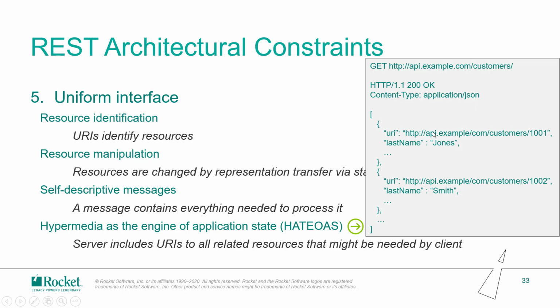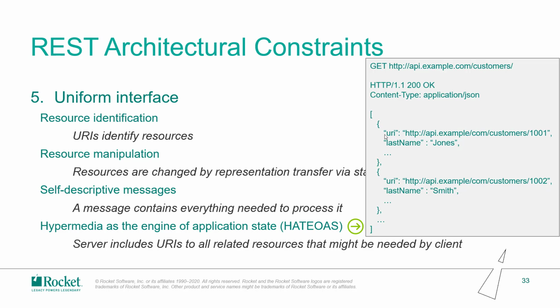But that's where Hypermedia as the engine of application state comes in, and it says you can't ask the client to make that assumption. You need to explicitly say that the client can find the sub-resources at these particular endpoints. And basically that's where Hypermedia as the engine of application state comes in for a RESTful API.